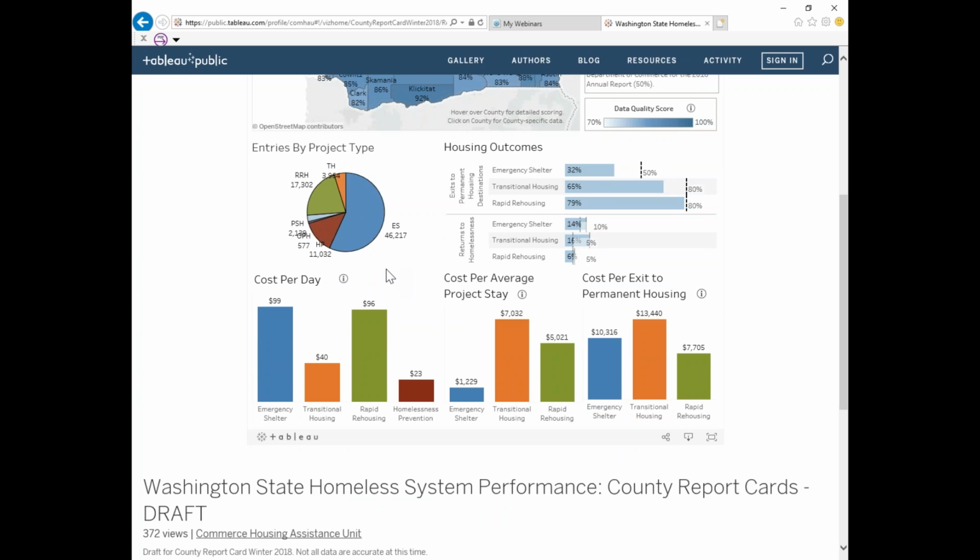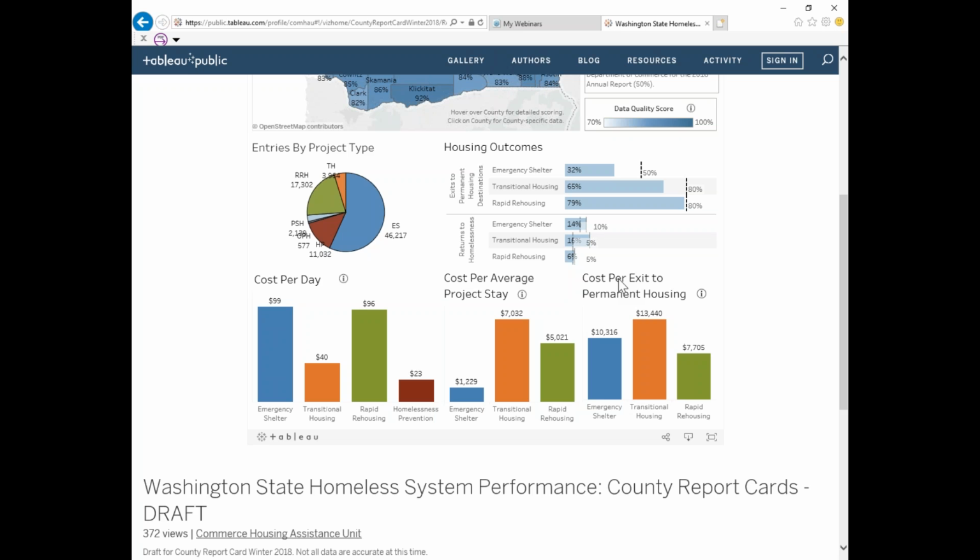Down here is cost data, cost per day, cost per average project stay, and cost per exit to permanent housing. So something that's important to remember for this section is that this uses information from the annual expenditure report, which is collected on the calendar year.